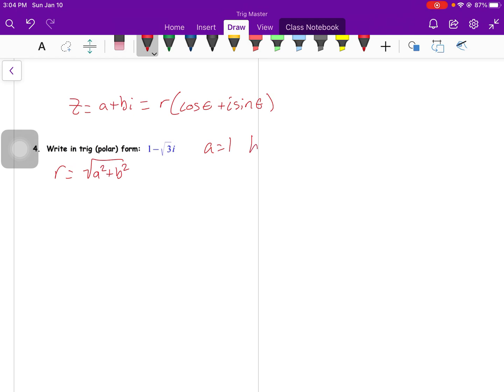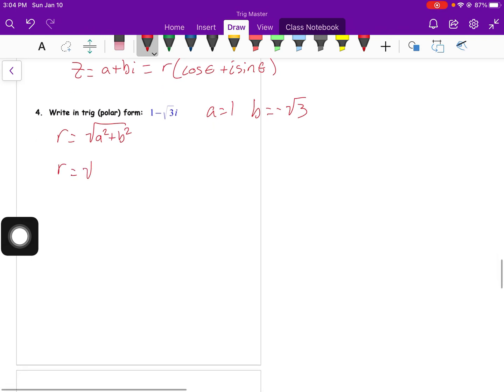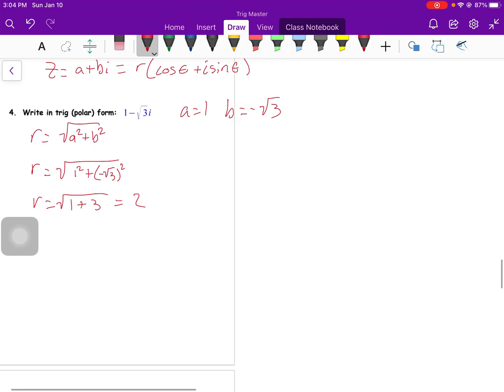Well, a is equal to 1, and b is equal to negative square root of 3, because this was a minus square root of 3. So r is equal to the square root of 1 squared plus negative square root of 3 squared, which is just going to be 1 plus 3. Square root of 4 is going to be 2. So we figured out what r is. Now I need to figure out what theta is.